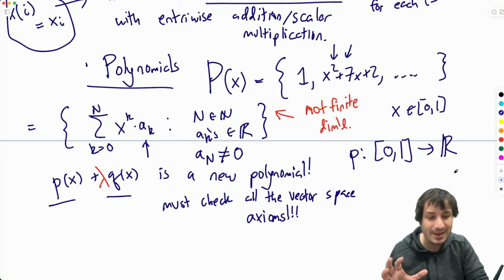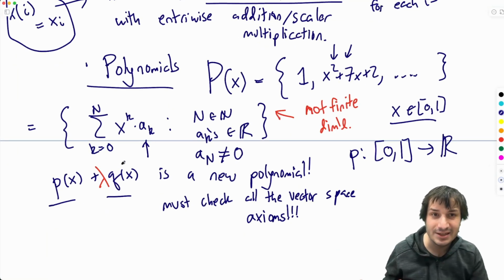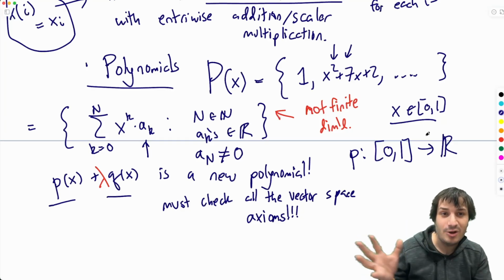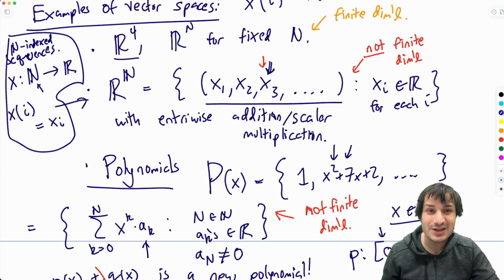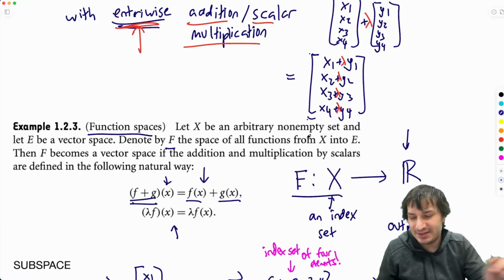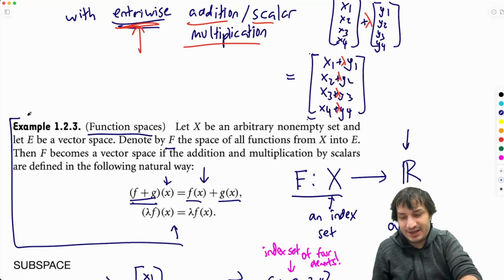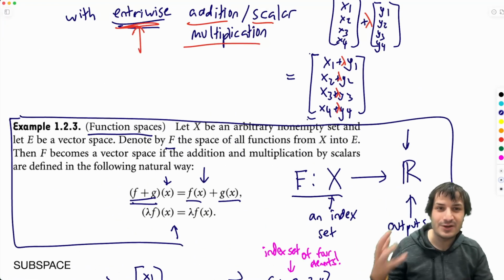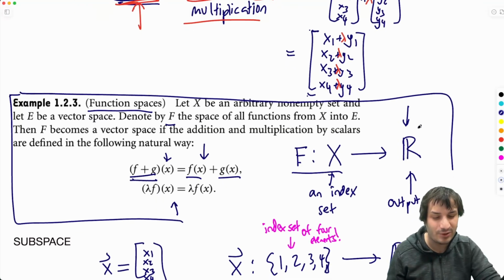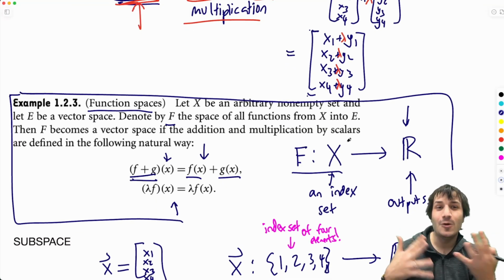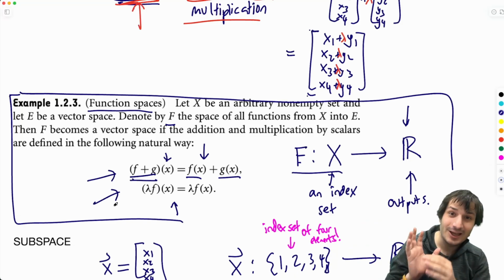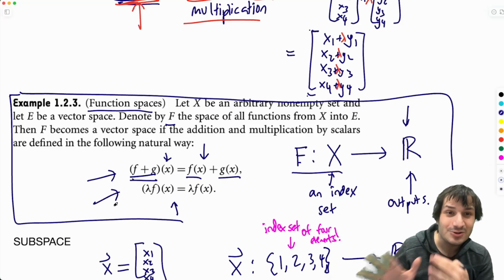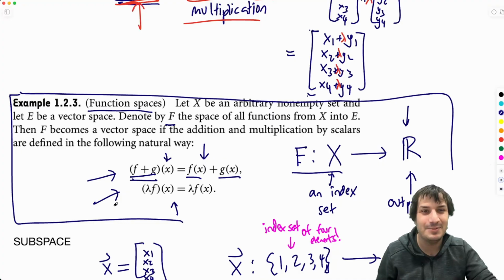So you are allowed to make these x inputs anything you want in that [0,1]. So actually in this course, almost everything will be a function space. So this sort of definition will be the holy grail for us. Everything will be a function space, and so it's important to think of what are the outputs, what are the inputs, and remember what the scalar multiplication and addition are, because scalar multiplication and addition will be used everywhere. So it's a good one to keep in mind.